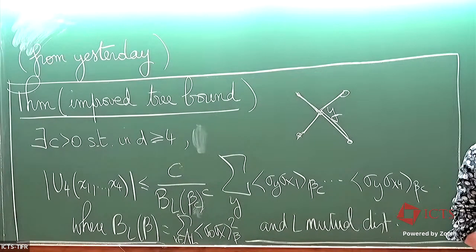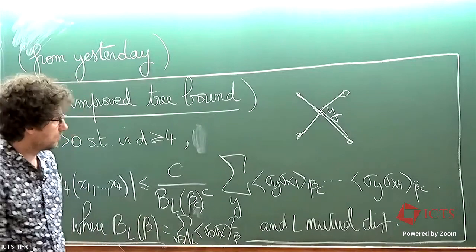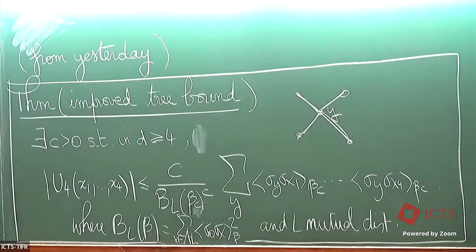But now if eta equals 0, then B_L of beta_c, which is the sum of the square of the spin-spin correlation for the points in the box, will in fact be logarithmic. It's really of order logarithm. Thus, you get that U4 is a big O of 1 over L to the 2d minus 2.